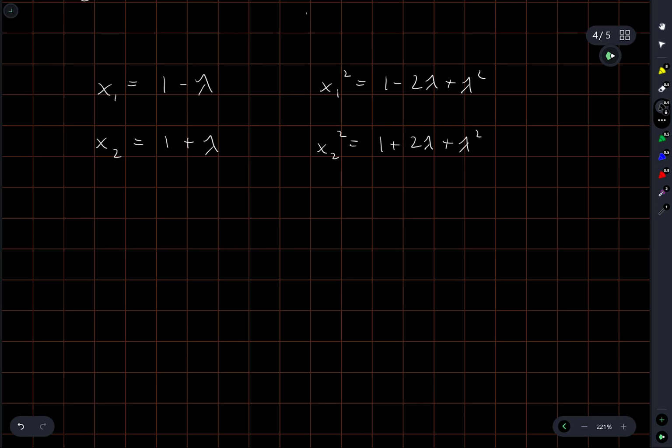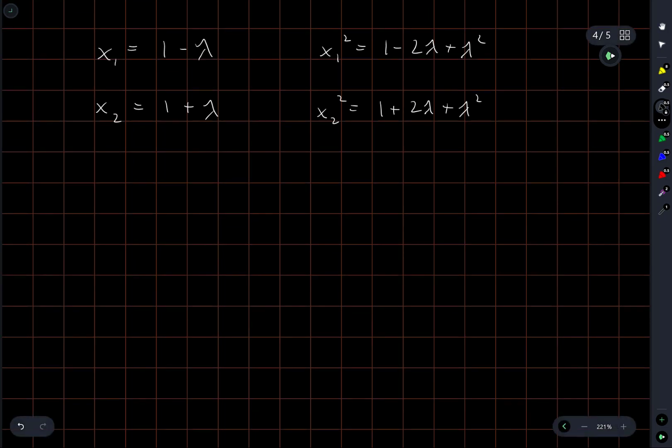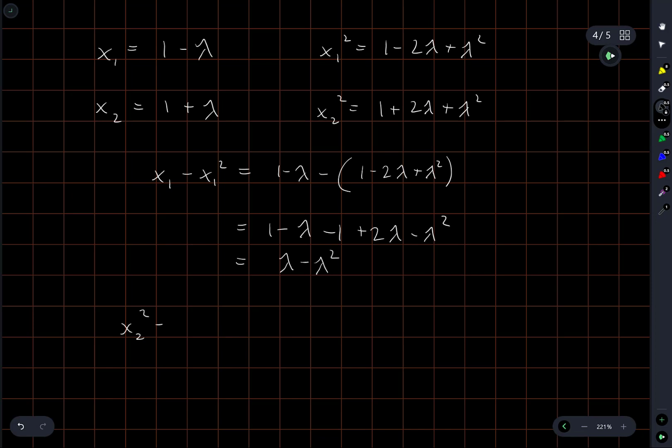So let's think about the distance that each of these numbers has kind of moved in going through this operation here. x1 minus x1 squared is, and x2 squared minus x2 is equal to 1 plus 2 lambda plus lambda squared minus 1 minus lambda, which is equal to lambda plus lambda squared.